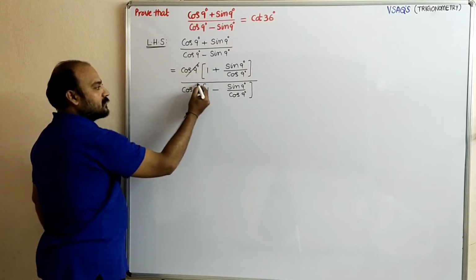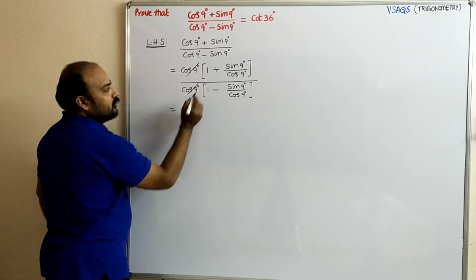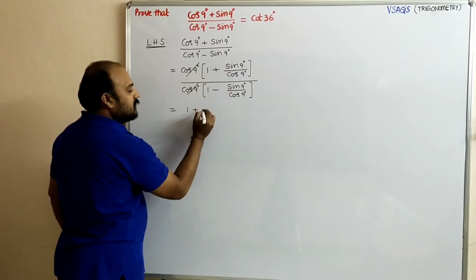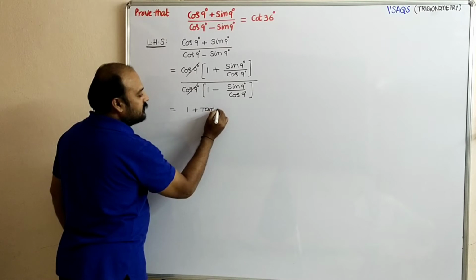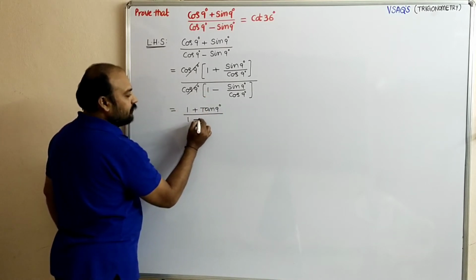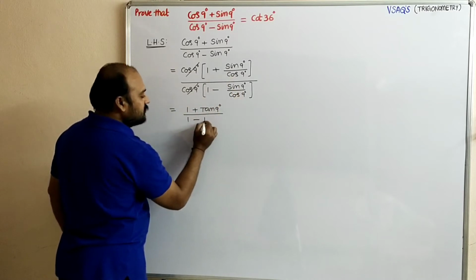Cos 9 degrees get cancelled. 1 plus sin by cos is tan, so tan 9 degrees divided by 1 minus sin 9 by cos 9 is tan 9 degrees.